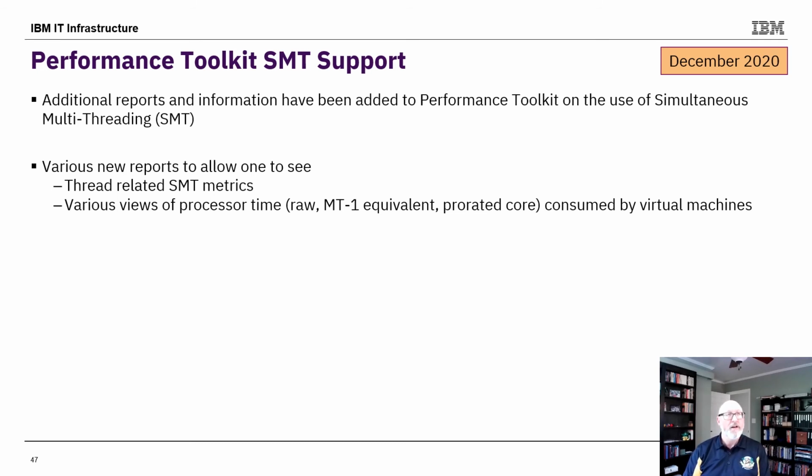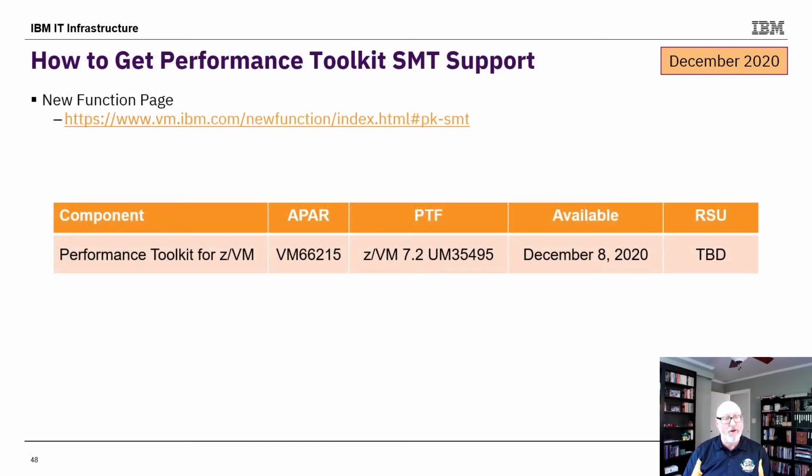Because for your scenarios where you're doing charges based on core, or with software licensing being core based, we want to get a sense of, even though the processor was busy a certain percentage or the core was busy a certain percentage, what portion of that was each virtual machine responsible for, right? And so now Performance Toolkit displays that information and a whole lot more. So again, you can go to the website, get some more information for that. Again, 7.2 for the Performance Toolkit feature.